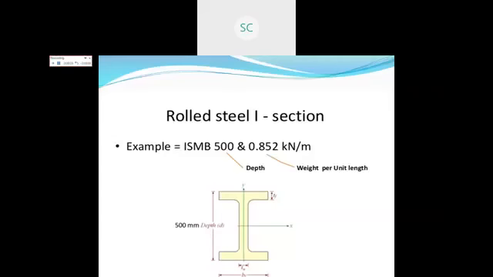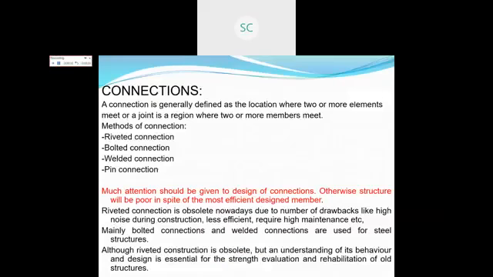You have already studied everything and are very familiar with it. You can refer to any book and go through it. Now, after completing this introduction, we go to the connection.